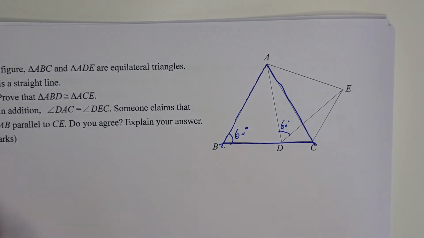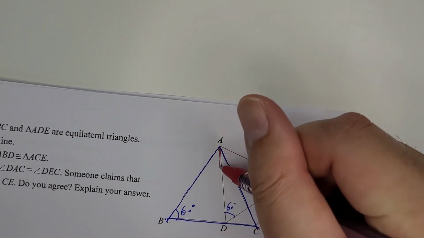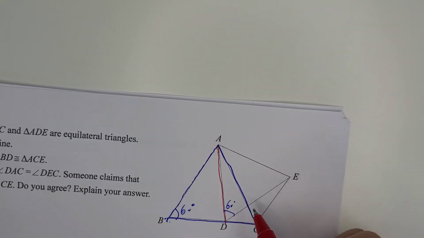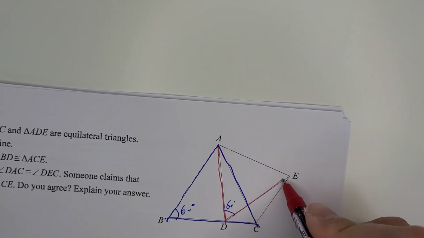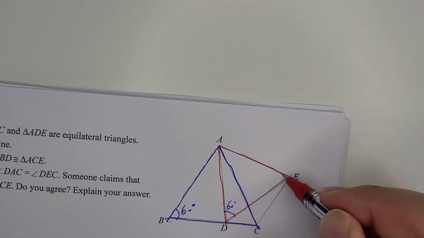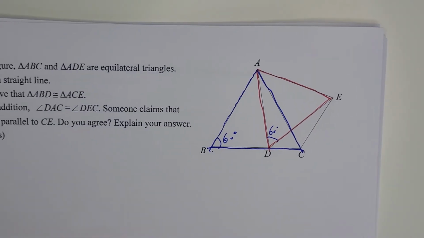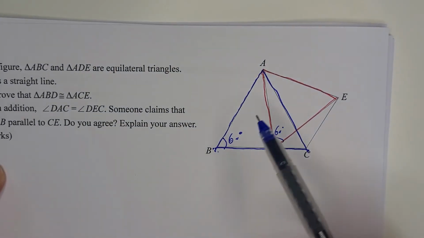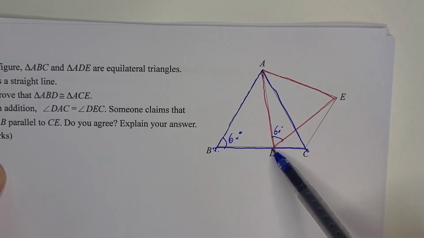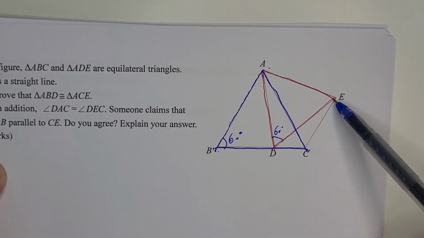And the other triangle, that is this one, this one, and this one. Okay? So how do we prove triangle ABD is congruent to triangle ACE? Okay, let's do it together.